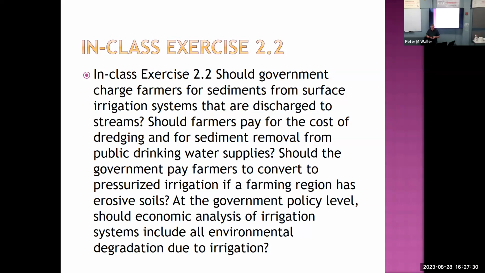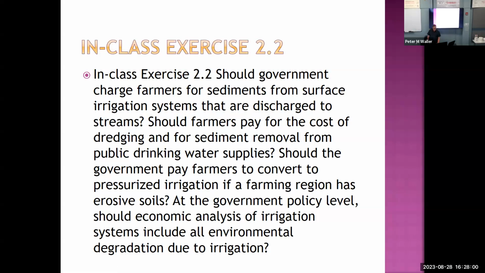And at the government policy level, should economic analysis of irrigation systems include all environmental degradation due to irrigation? So let's say you're a policymaker, when you're evaluating an irrigation region, should you consider the environmental degradation, maybe groundwater contamination or something like that? Okay, go ahead and work on that. Talk about it for 5 minutes.